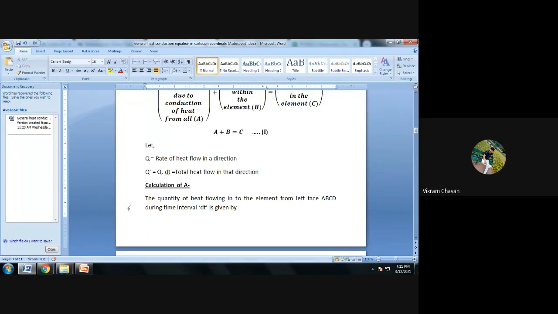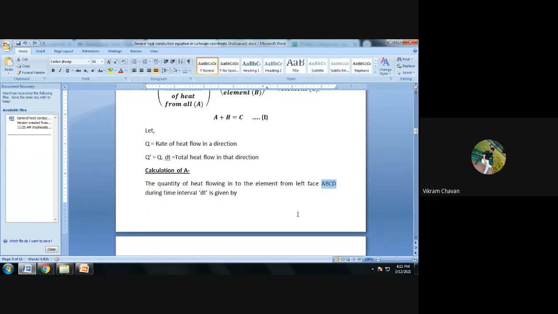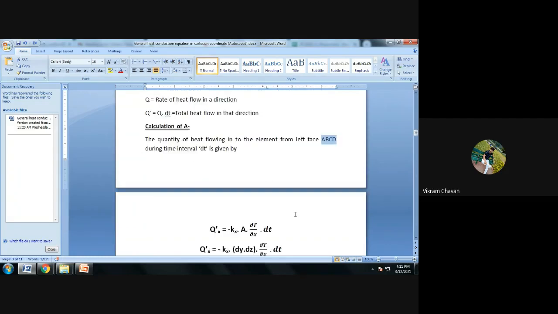that is the x direction. So heat is entering through face ABCD and heat is leaving through face EFGH in the x direction. So if you consider how much heat is entering, the total amount of heat entering the element from the x direction will provide you Q dash suffix x.